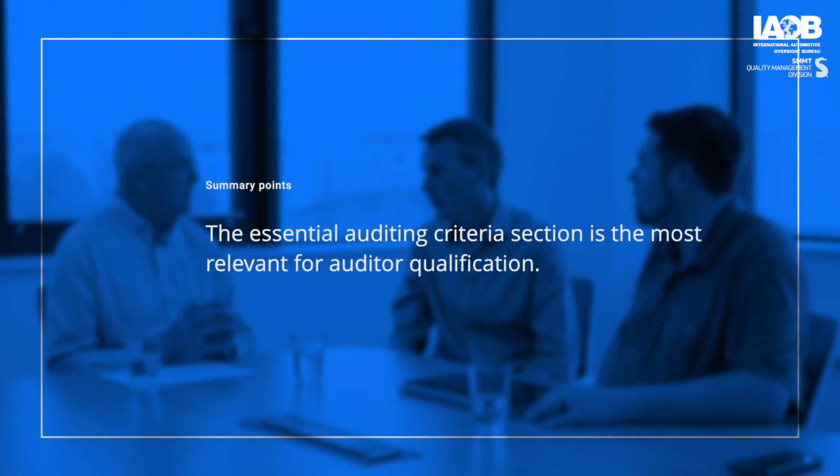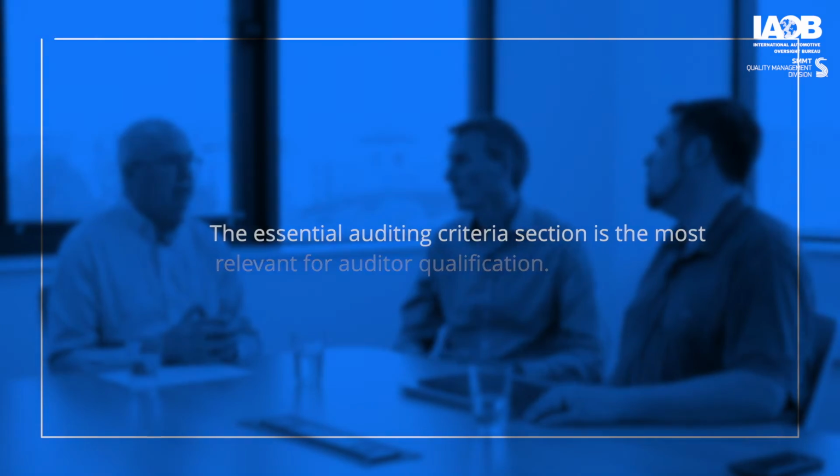It's a document that, particularly the essential auditing criteria section, is probably the most relevant for auditor qualification, in the fact that we have the 5 essential criteria: the process approach incorporating risk-based thinking, the knowledge and application of IATF, the knowledge and application of the rules, customer-specific requirements incorporating the core tools, and non-conformity management.